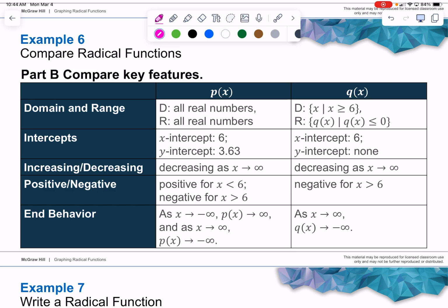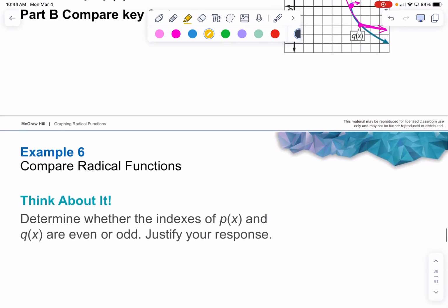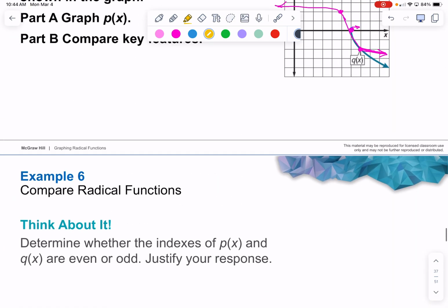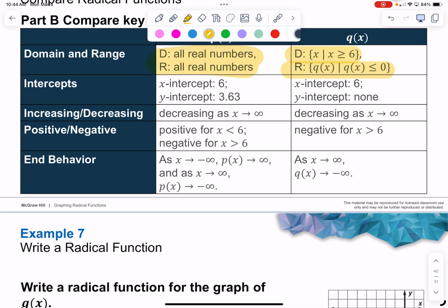Okay, so because P of x is a cube root function, my domain and range is all real numbers. But Q of x was a square root, so its domain was all the x's bigger than 6 and all the y's smaller than 0. They both had x-intercepts of 6.